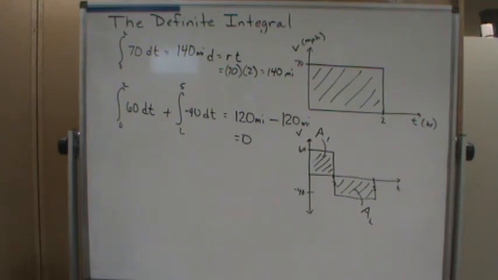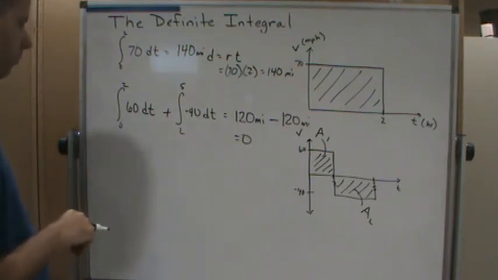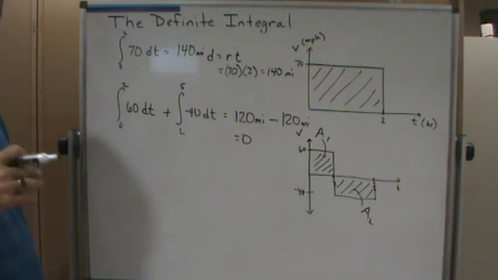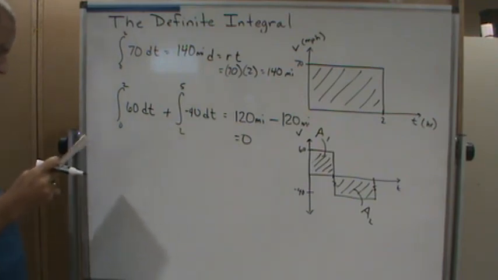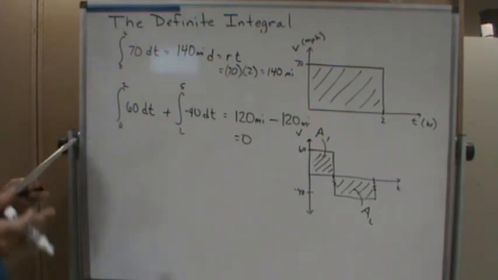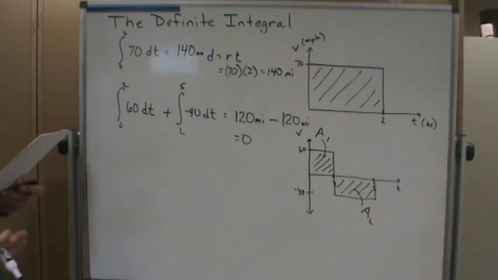Now, if we wanted to find the total area, which means the total distance traveled in this context, then what would we do? The easiest way to think about this, as I said before, is to calculate total area by adding just the areas that are above and below the axis. That's all we're doing.